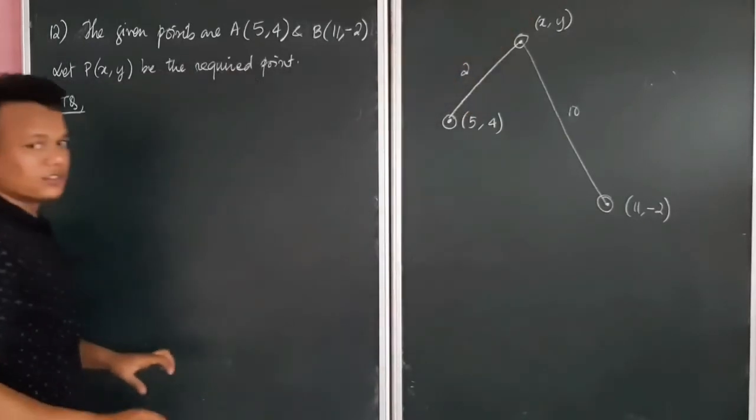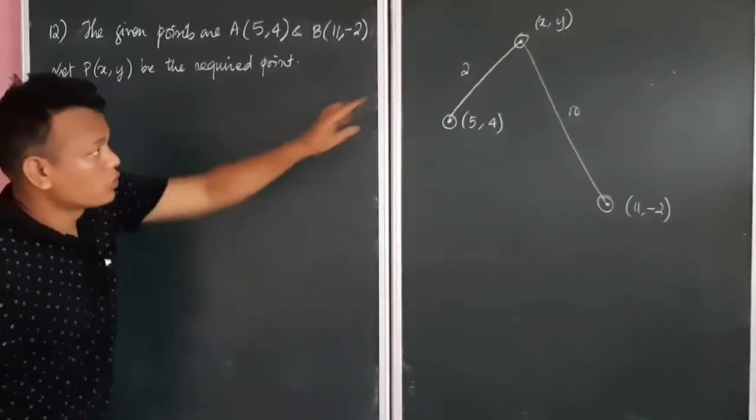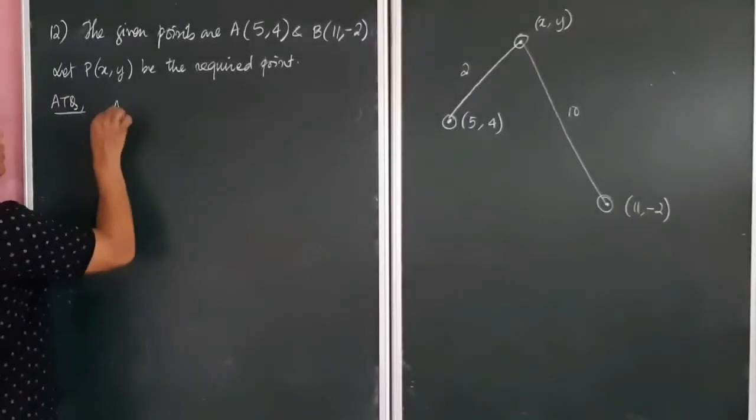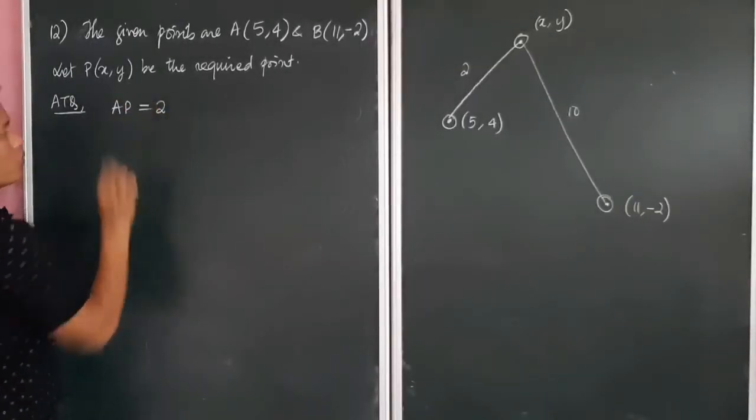That is AP has to be equal to 2, right? So according to the question, AP must be equal to 2.